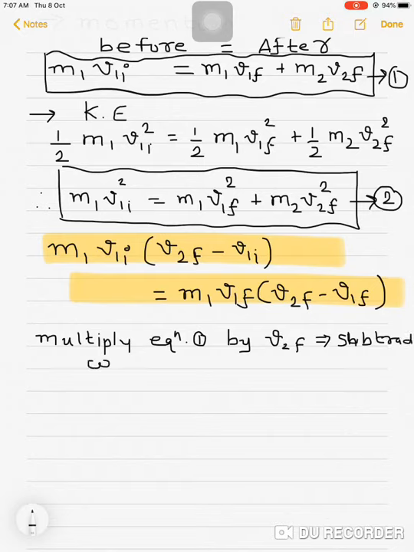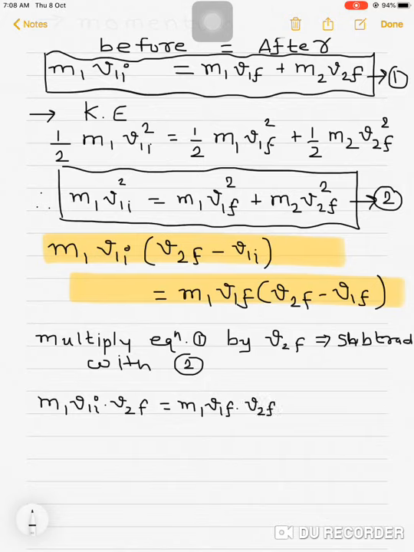If we multiply first, we get m1 v1i times v2f equals m1 v1f times v2f plus m2 v2f square.